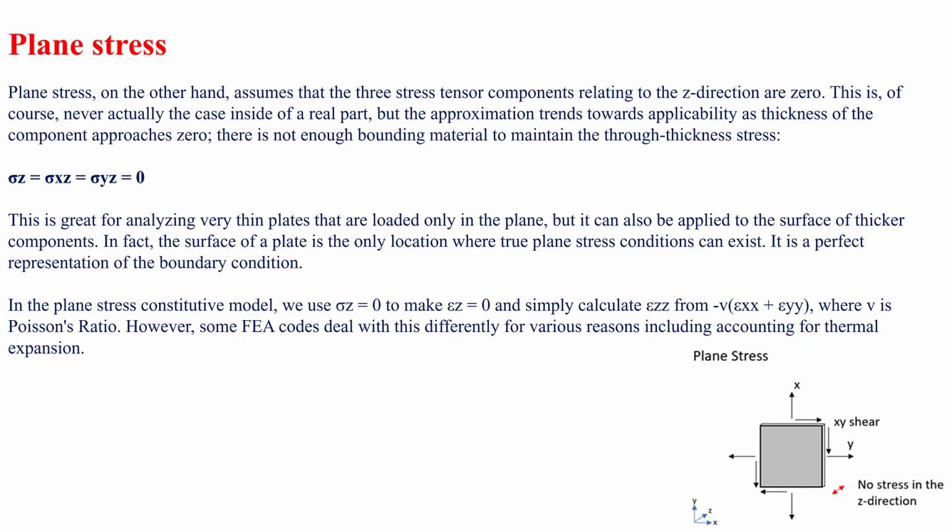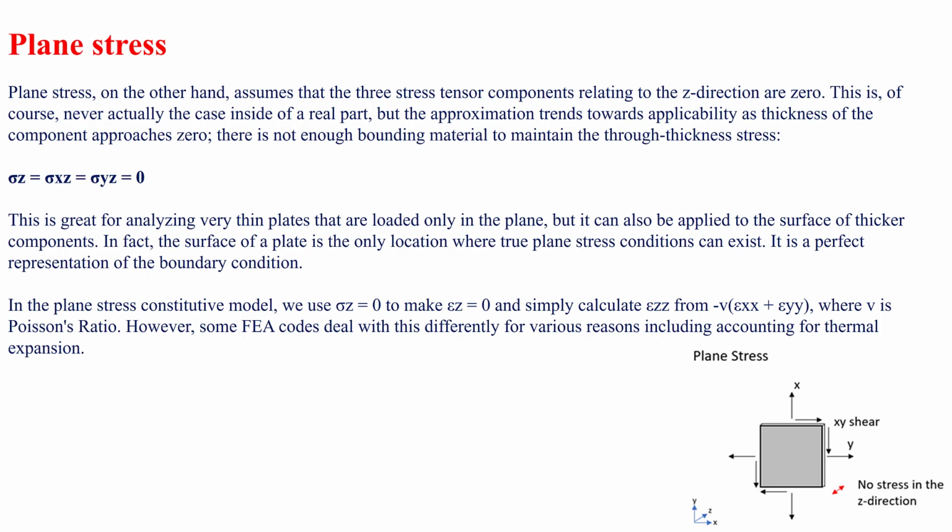When it comes to plane stress, whatever stresses you consider, the stress along the z direction is 0. It is used to analyze very thin plates loaded only in one plane, the xy plane, but it is also applied to the surfaces of a thicker component under certain conditions.